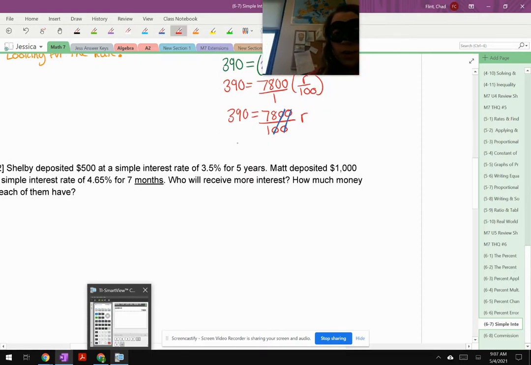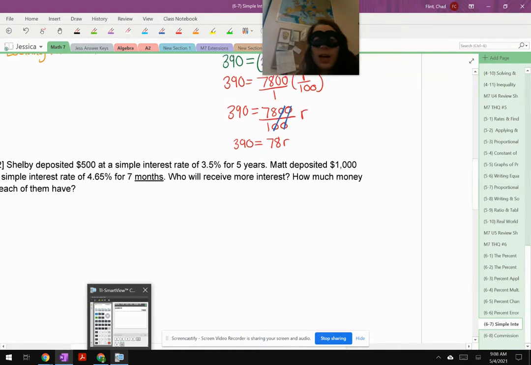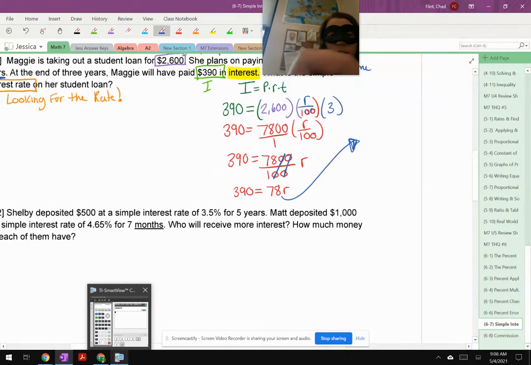390 is equal to 78 times R. Last step, I'm going to swing this over here as to not get too scrunched. To isolate that R, we do the opposite of multiplication and divide both sides by 78.